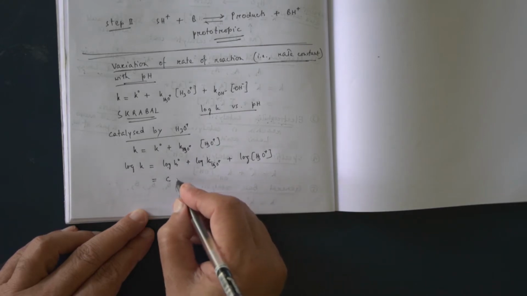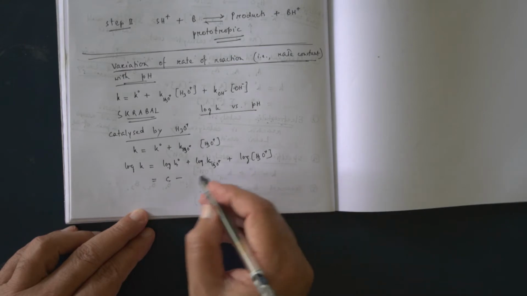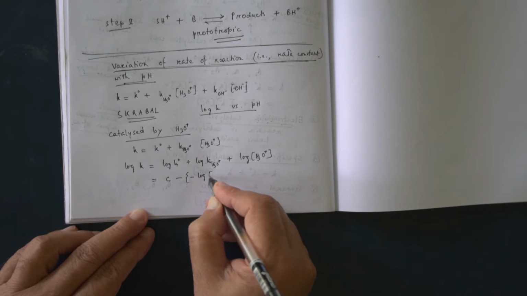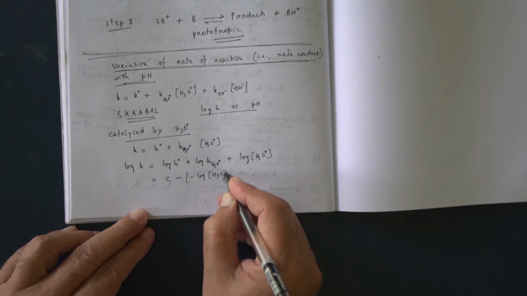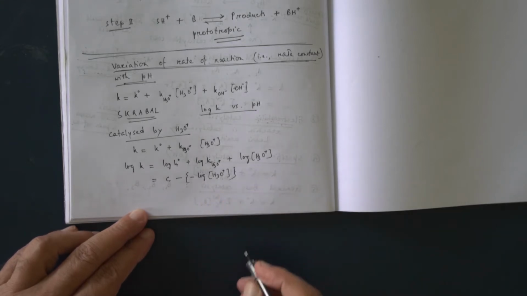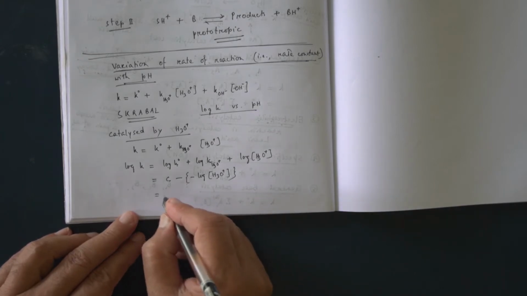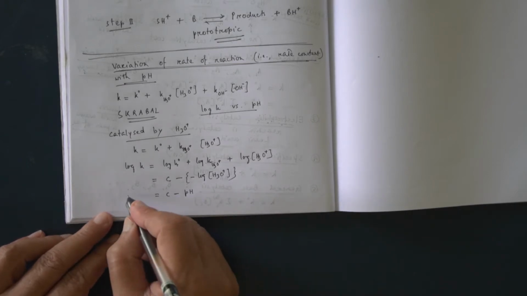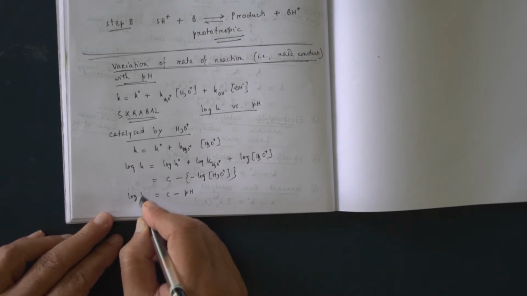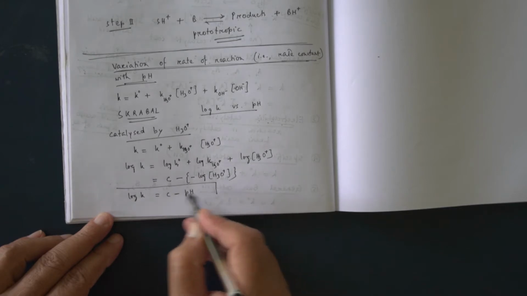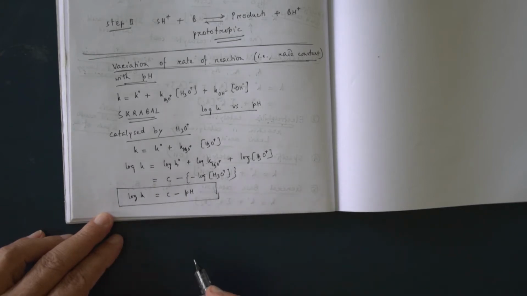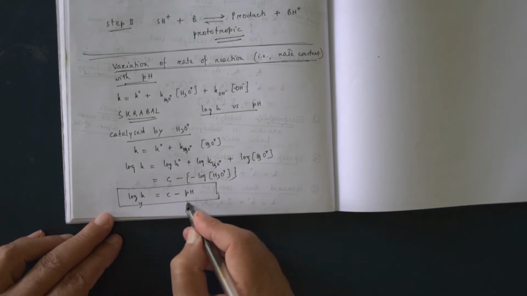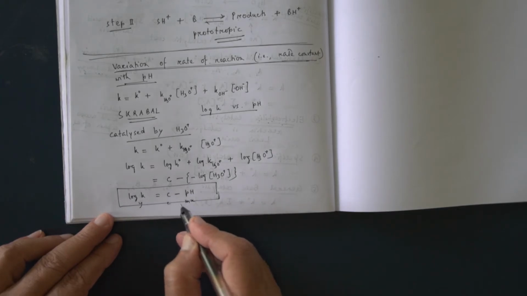Then I can write it like this, minus log of hydronium ion concentration, and this is nothing but C minus pH. That means log K equals C minus pH. Now this is like y equal to mx plus c.